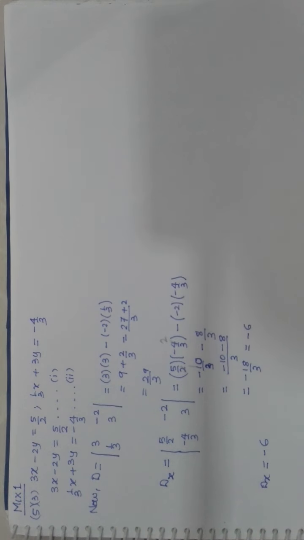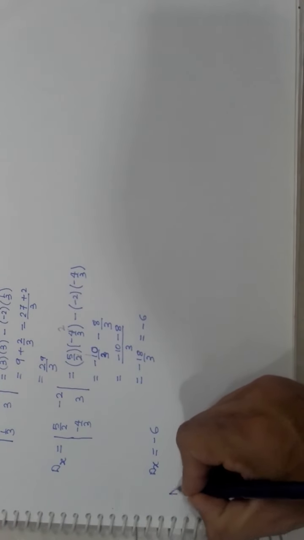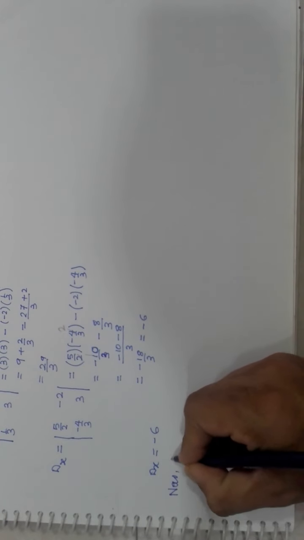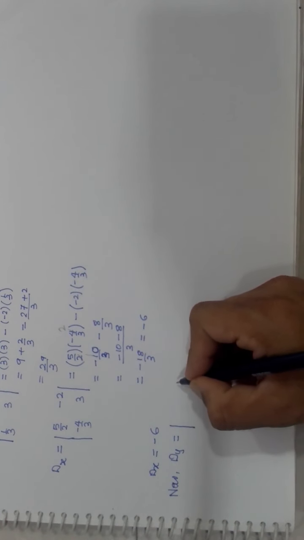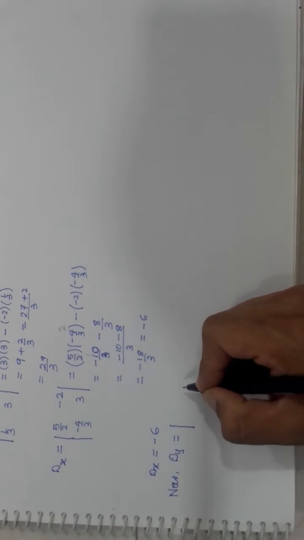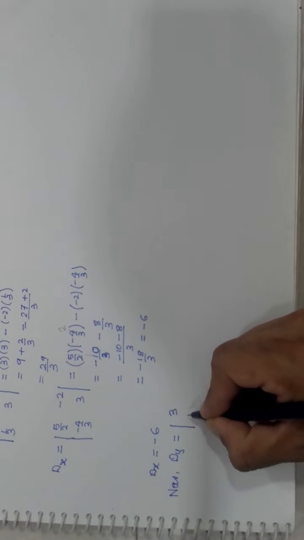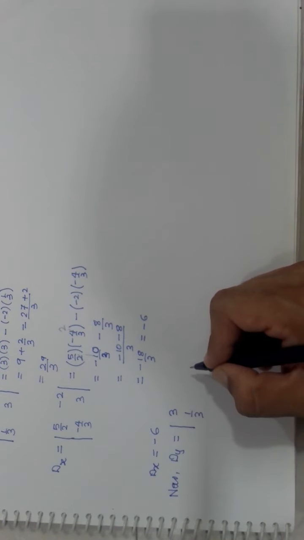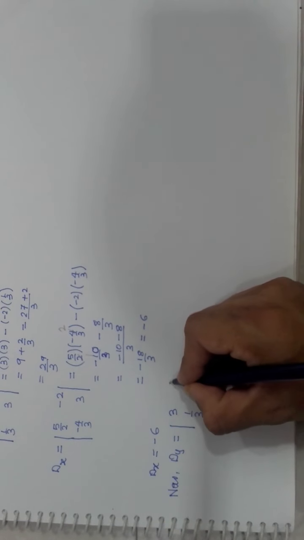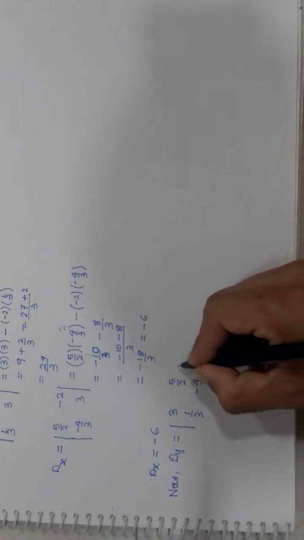Now let me find dy. Now your dy will become same as d, but where y has come, y goes away and in its place the constants come, so x remains as it is 3 and 1/3, and -2 and 3 are replaced by 5/2 and -4/3.